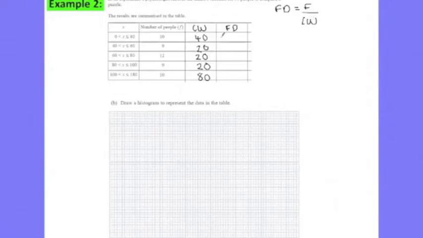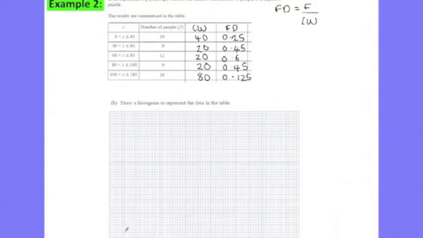So here we take 10 divided by 40. Calculating each of these frequency densities: 0.25, 0.45, 0.6, 0.45, and lastly 0.125.